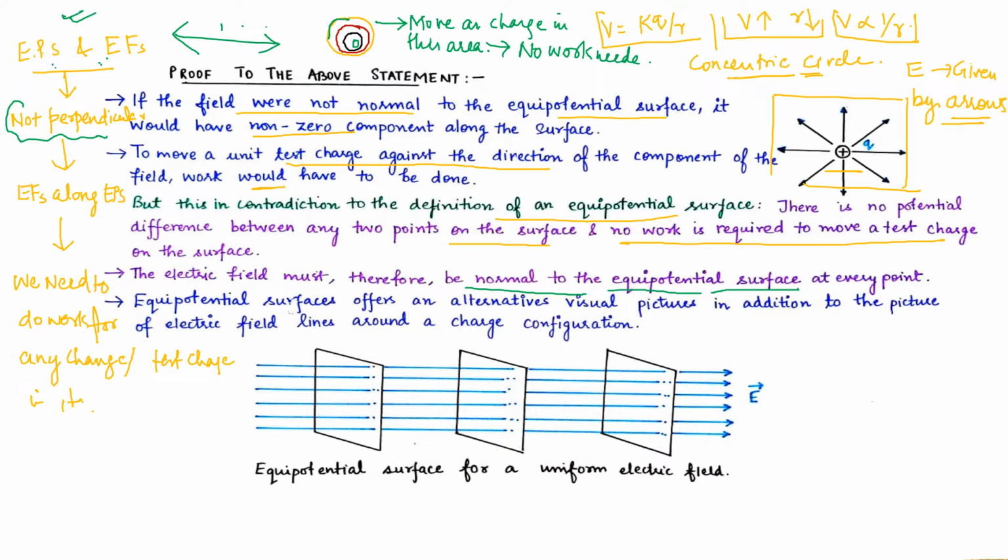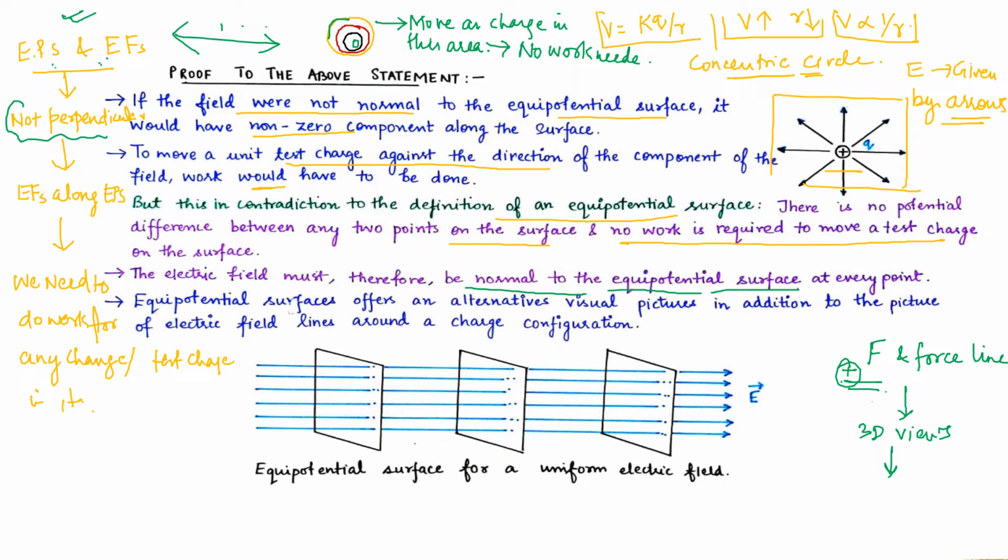Equipotential surfaces offer an alternative visual picture in addition to the picture of electric field lines around a charged configuration. Like around a charged configuration, we have seen how the field lines and force lines behave, but this gives us another 3D view which helps us understand various other mechanisms in physics.